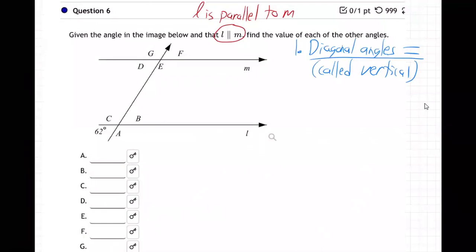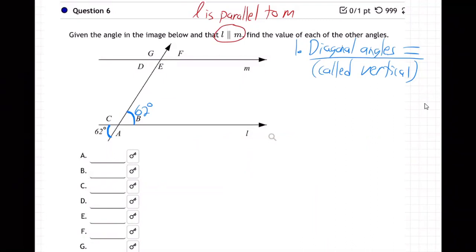But what we mean is, if you have an intersection, look up here at angle B and the 62 degrees. Those have to be equal. In other words, B has to also be 62 degrees. That's what we're able to figure out right away.